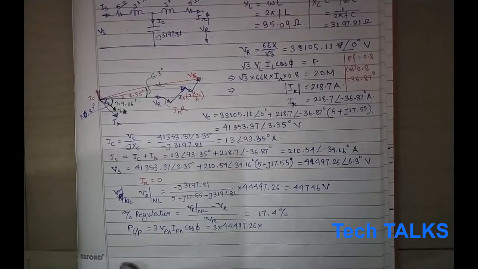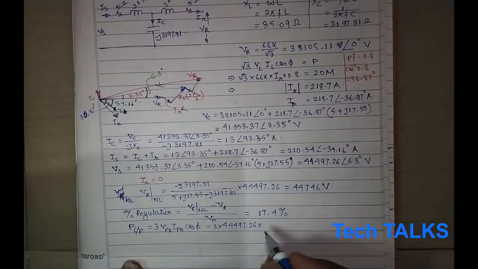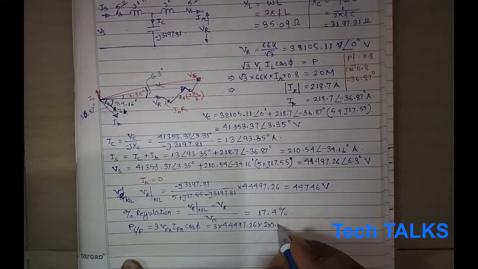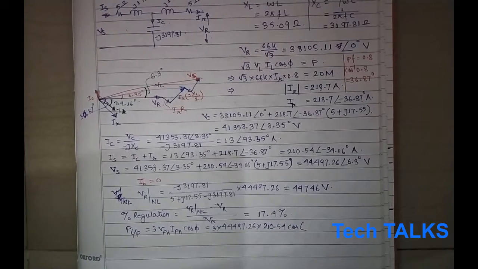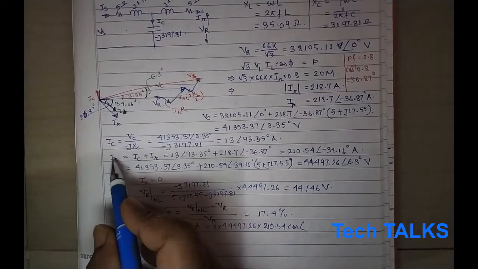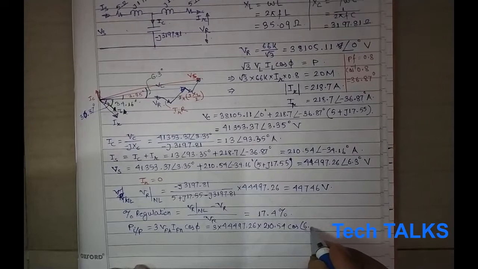I phase means Is, the current, 210.54 cos phi. That means the angle between Vs and Is. So what is the angle difference? It is 6.3 plus 34.16.